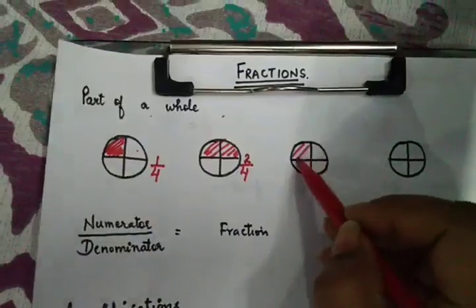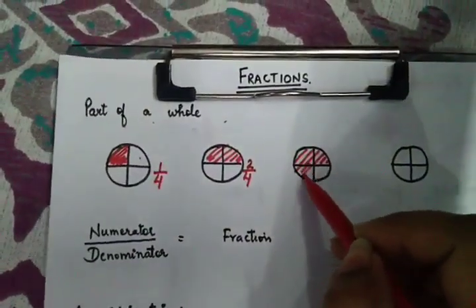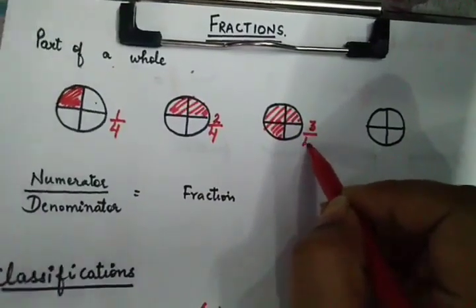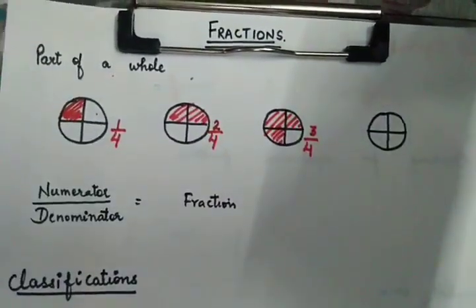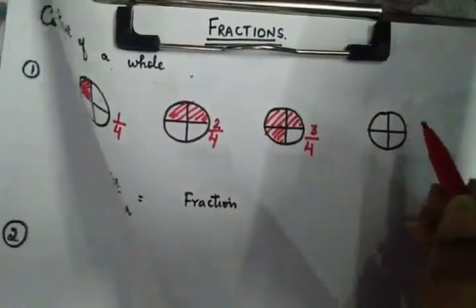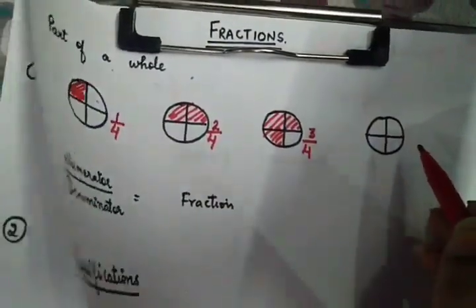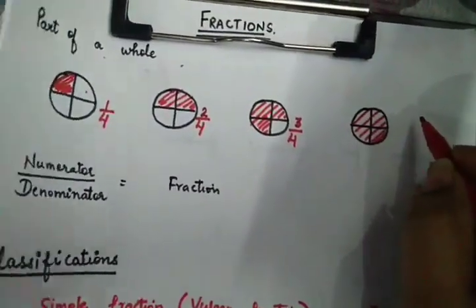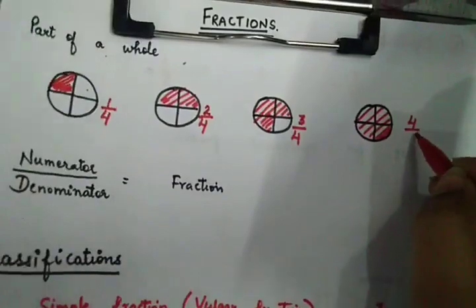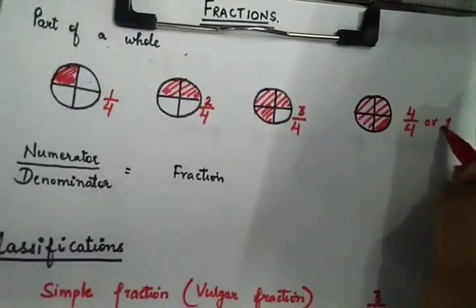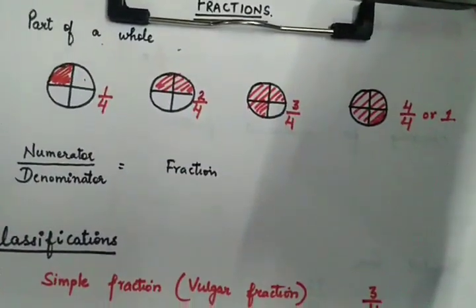If somebody has eaten 3 parts, then it will be written as 3 parts out of 4. And if someone has eaten the entire cake, how will you write that I have eaten the whole? That means all 4 parts out of 4, or you can also write this as 1.